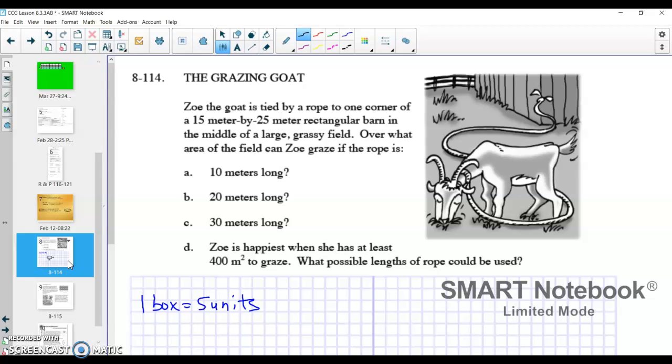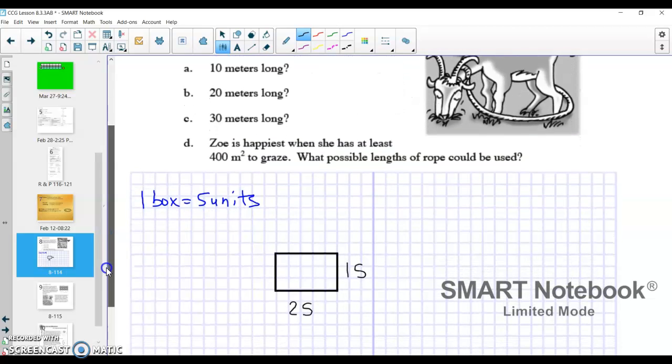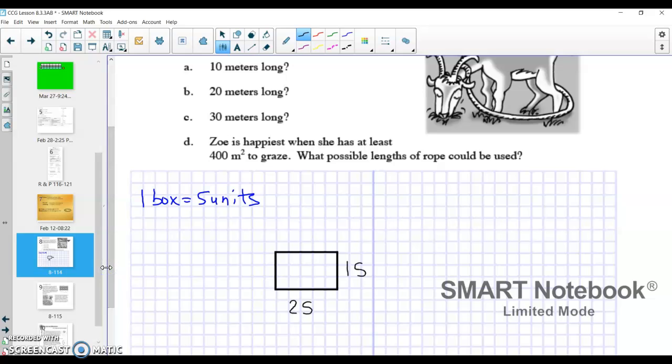This is a pretty long problem, so I will just start with the 10 meters long. The thing to note is I will be using this graph here and deleting it as I go. Zoe the goat is tied up to a post on the edge of the fence, and it's actually going outward. Each one of these is really crucial to draw out, and you'll see why as I keep going.